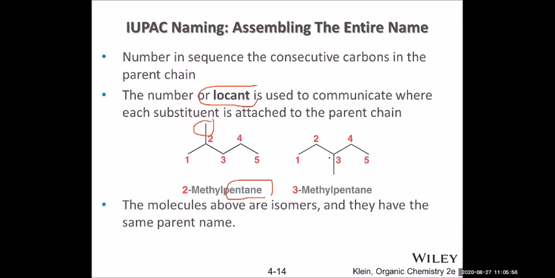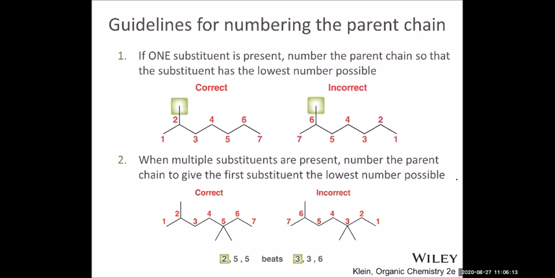And with this molecule, the middle carbon, number 3 carbon, has a methyl. So that is 3-methylpentane. They are isomers, so they have the same parent name. Isomers basically have the same formula, if you don't quite remember that.